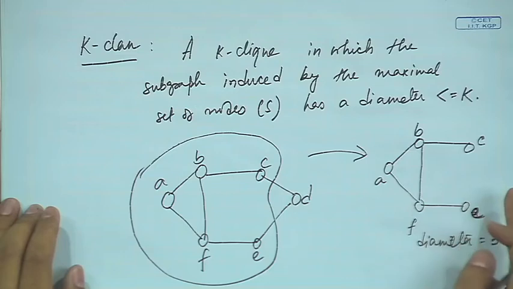Here, since you have the restricted definition of the induced subgraph, you can no longer include that path, and in this particular example your diameter is equal to 3, and therefore it is a 3-clan and no longer a 2-clan.